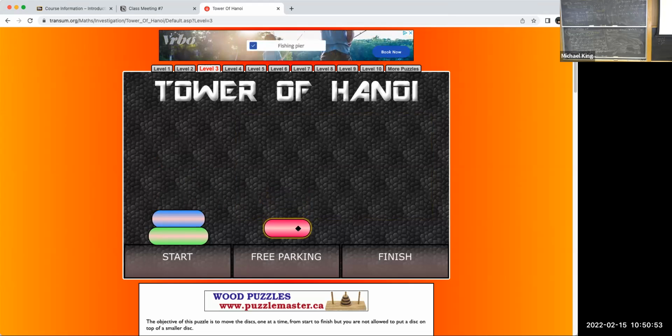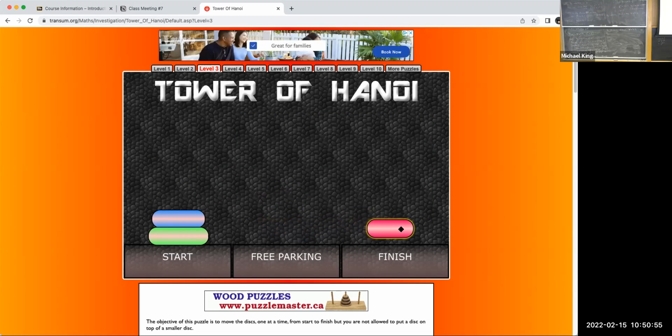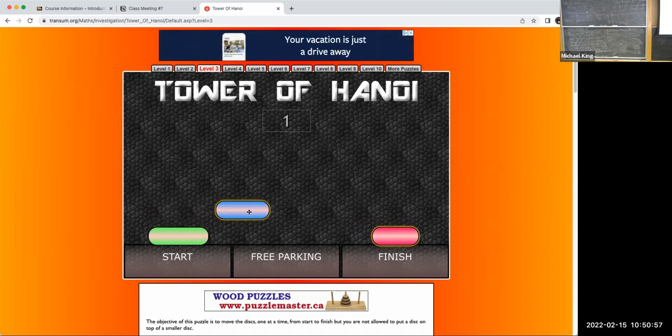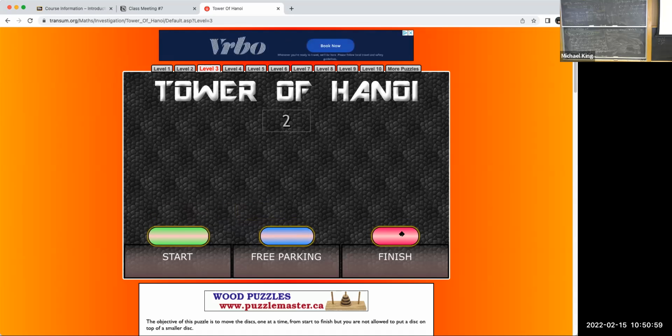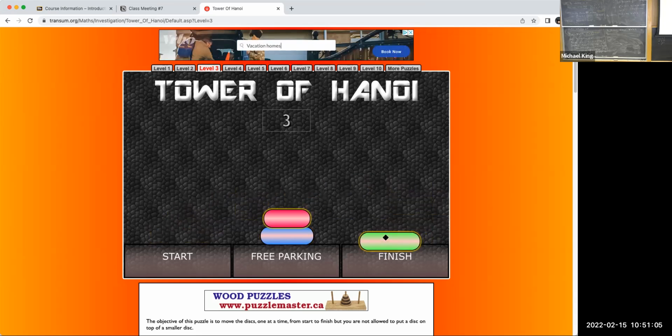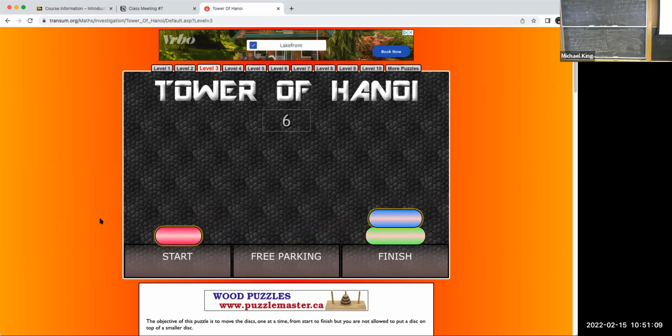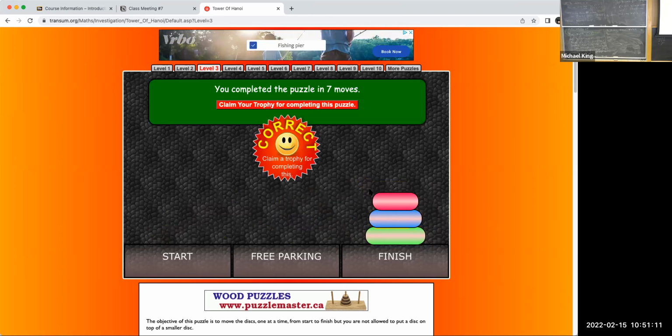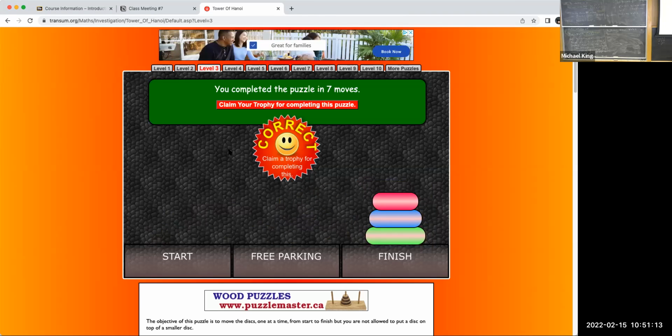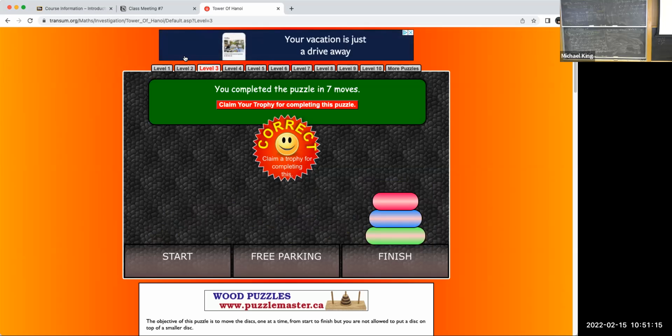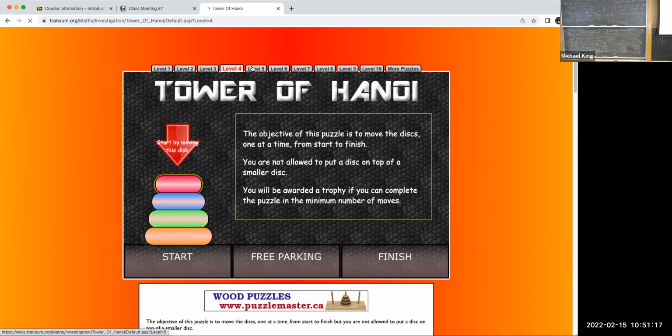Here? No, here? Okay. There's not many places this can go. There. Here? No. Okay, so you get the idea. You move that there, and then I need to move this out of the way. Okay, so 7 moves for 3 disks.